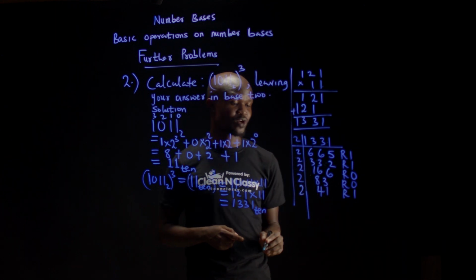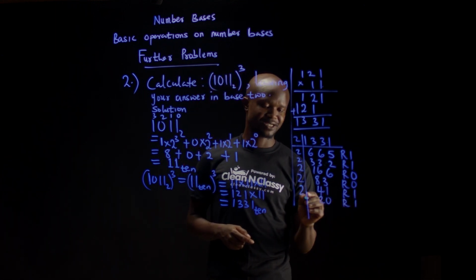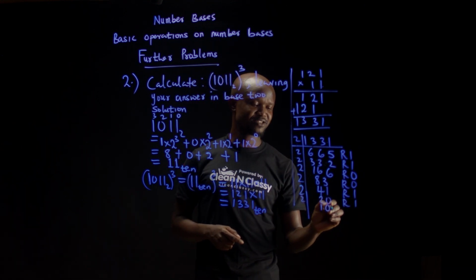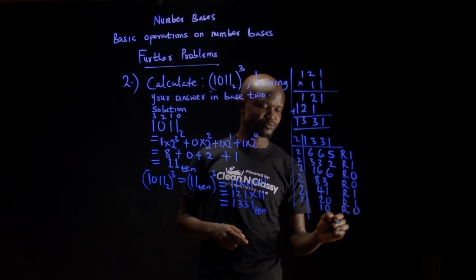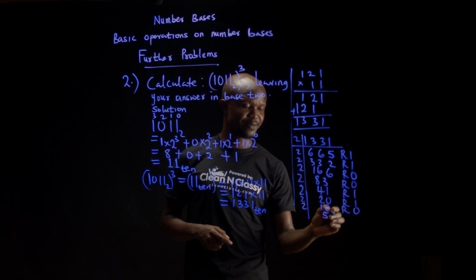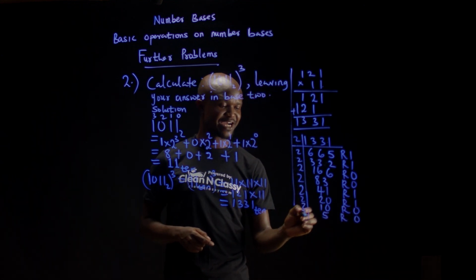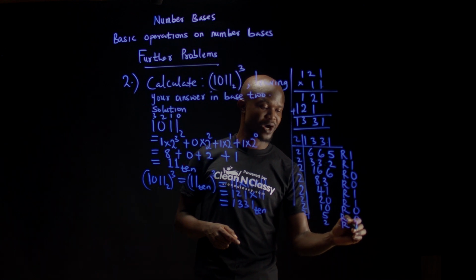Dividing by 2, we have 20, remainder 1. Dividing by 2, we have 10, remainder 0. Dividing by 2, we have 5, remainder 0. Then dividing by 2, we have 2, remainder 1.